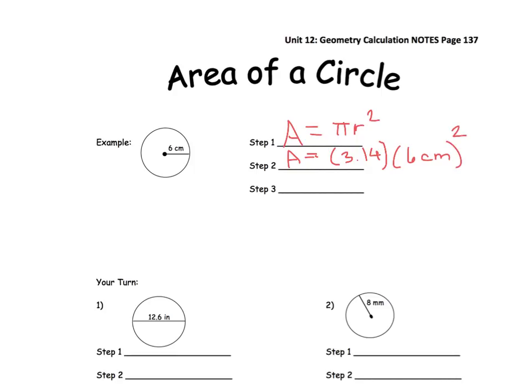Step 3. Solve and label with the correct unit of measure. Area equals 113 and 4/100 centimeters squared. Don't forget to label with square units.